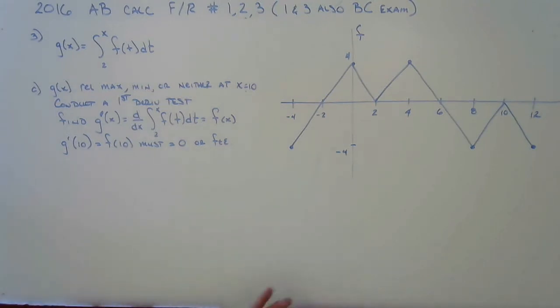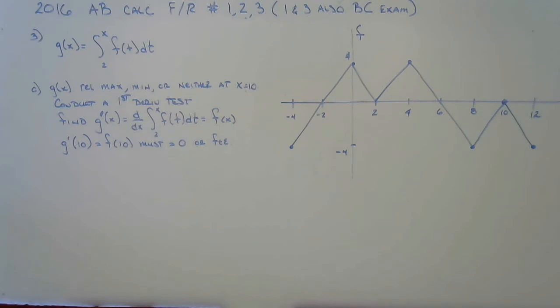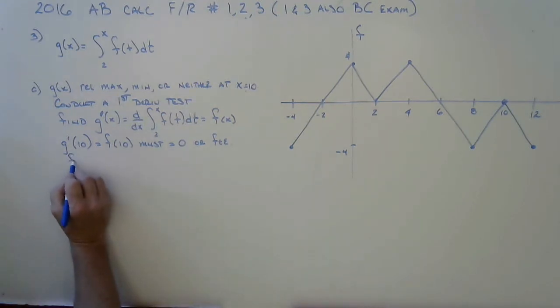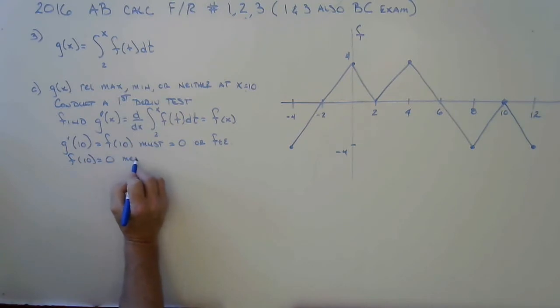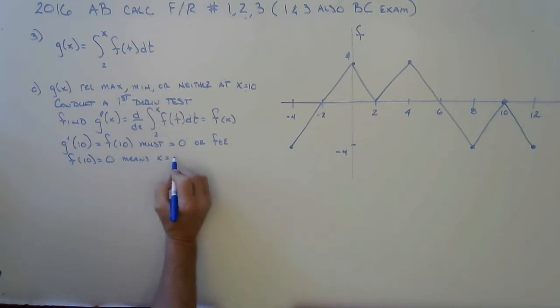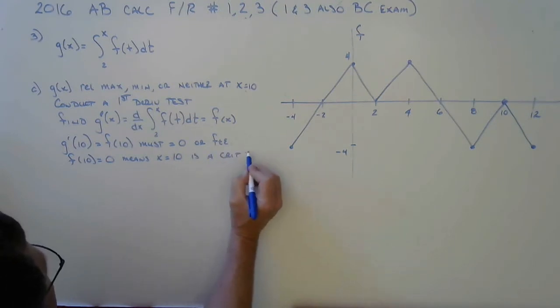Well, if I look at f, this is the graph of f, f of 10 is 0. f of 10 equals 0 means x equals 10 is a critical number.